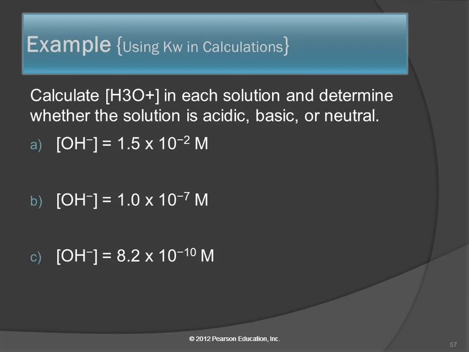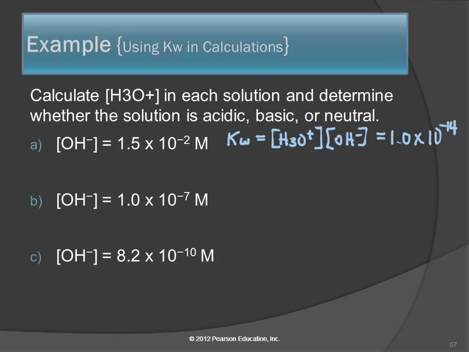So what you need to know is Kw equals hydronium ion concentration times hydroxide ion concentration, which equals 1 times 10 to the minus 14. So we are given the hydroxide ion concentration, we need to calculate the hydronium ion concentration.